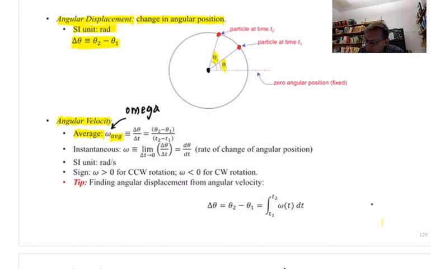Here's the definition. Well, remember chapter 2. Average linear velocity, v avg, for motion along an x-axis, was the change in the x position, delta x, over the change in time, delta t. So we do the analogous thing here for average angular velocity. Change in angular position, delta theta, divided by change in time, delta t.